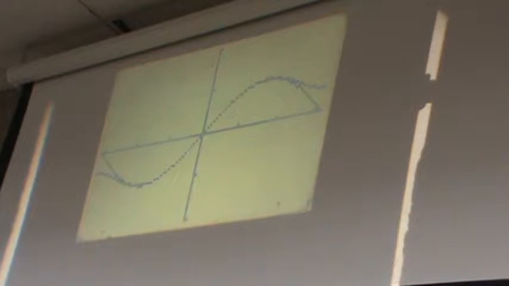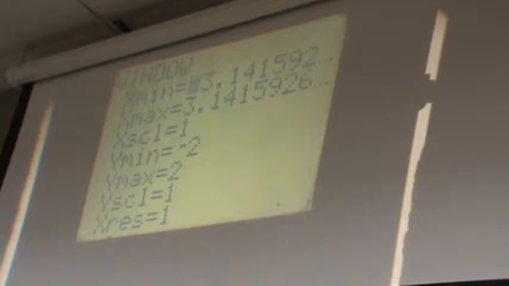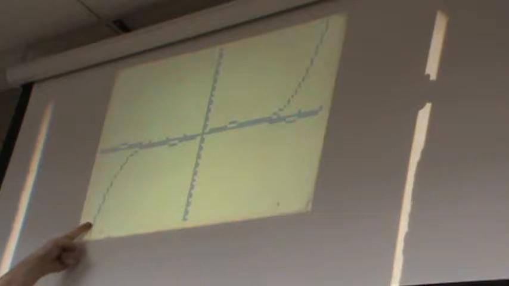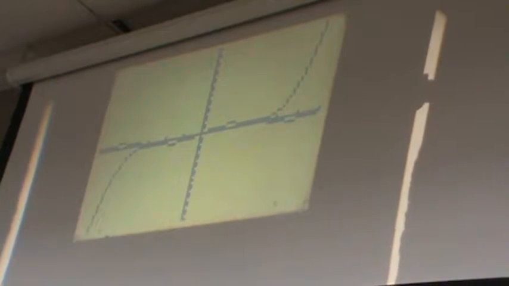If I went from -6 to 6, and this went from -20 to 20, then here comes my sine graph, and here comes my 5th degree graph, and you can see that we get to the point where there's no relationship between the 5th degree graph and the sine graph.